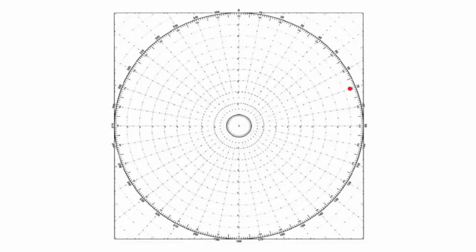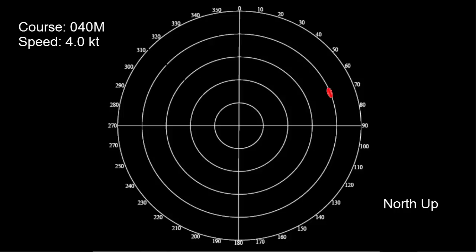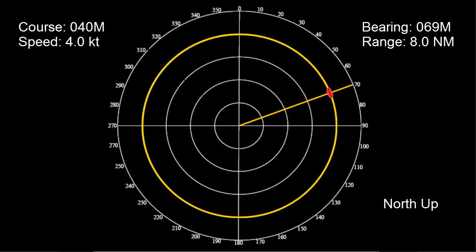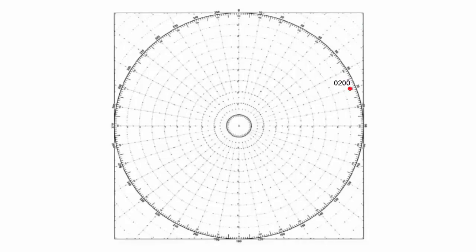Draw a dot on the maneuvering board at this bearing and distance and mark it with the time, 0200. 15 minutes later, at 0215, the other vessel bears 69 degrees magnetic at 8.0 nautical miles. Again, draw a dot on the maneuvering board at this bearing and distance and mark it with the time, 0215.